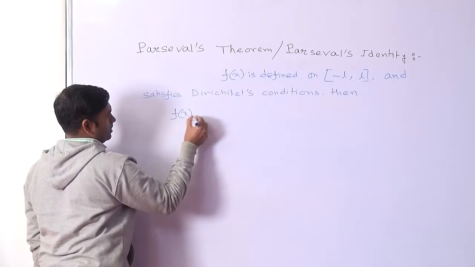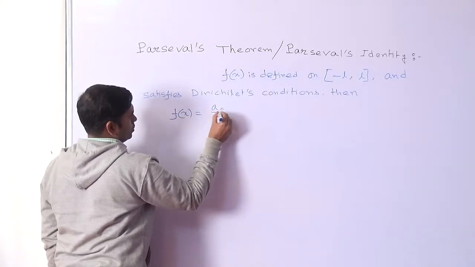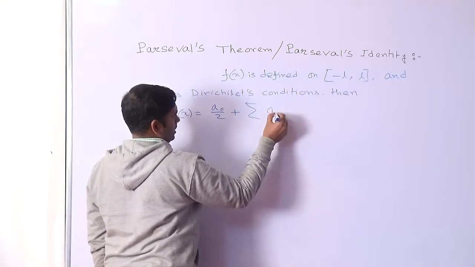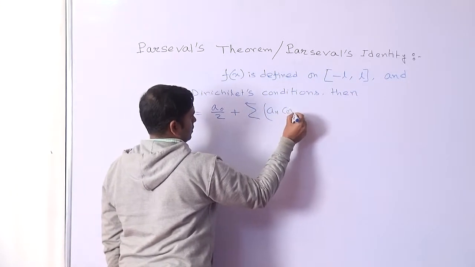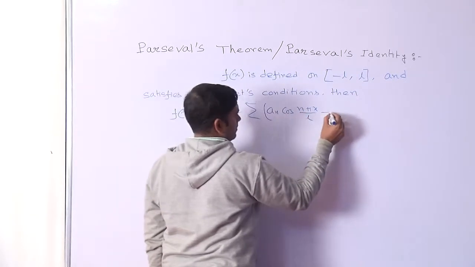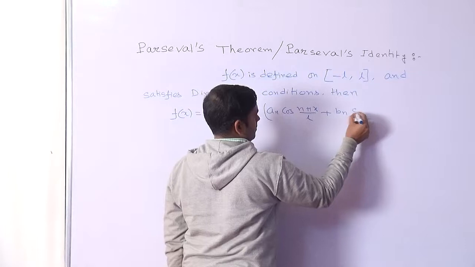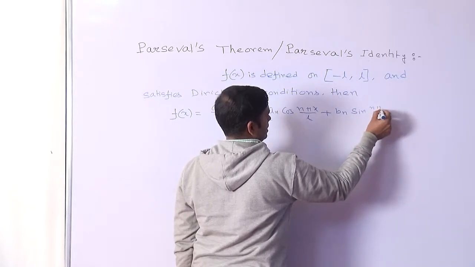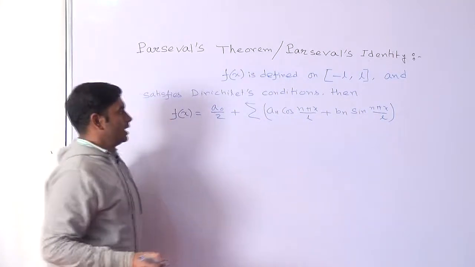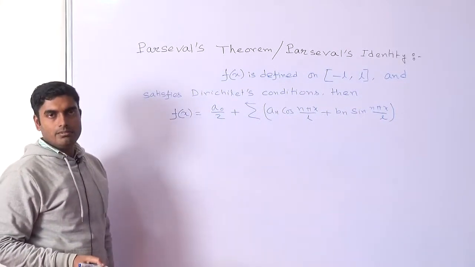Then f(x) = a0/2 + Σ (an cos(nπx/L) + bn sin(nπx/L)). Now a0, an and bn are the Fourier coefficients.